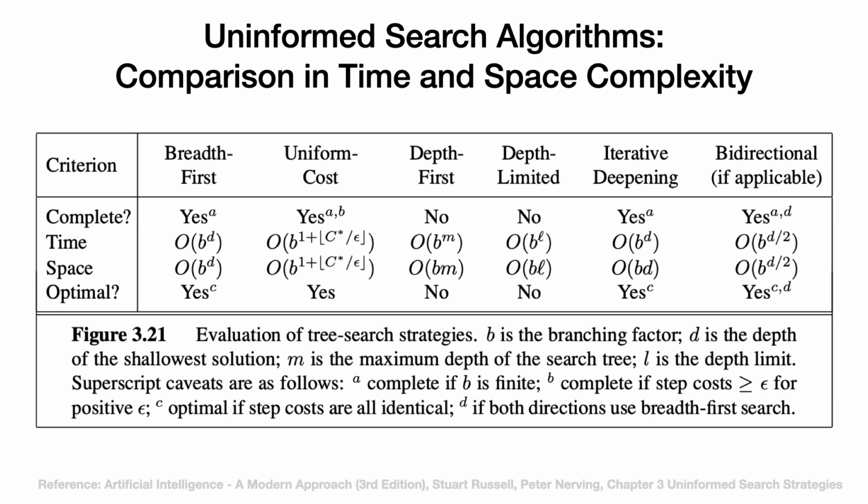In such cases it is optimal and it is also complete, and the time complexity and space complexity is worse. We have seen order of b to the power d, where b is the branching factor and d is the depth, the number of levels in a tree.